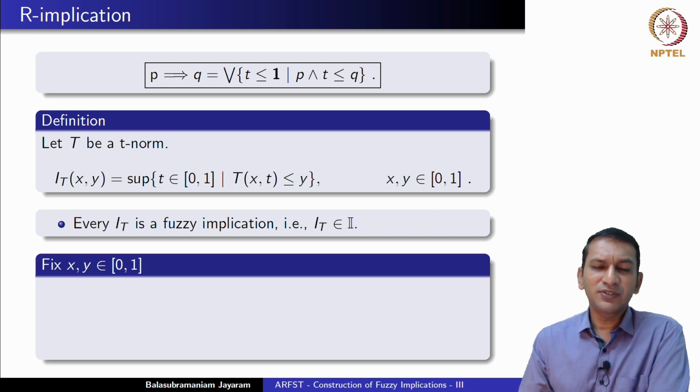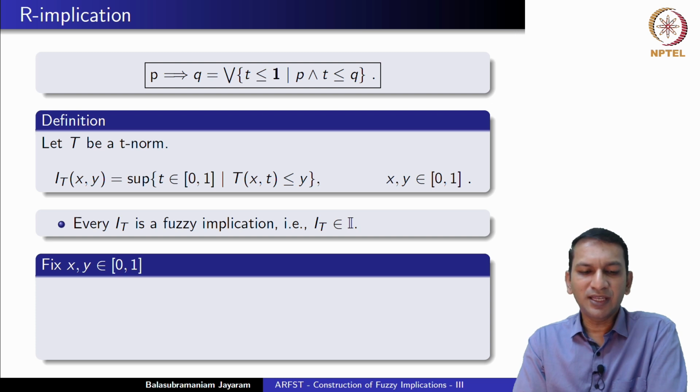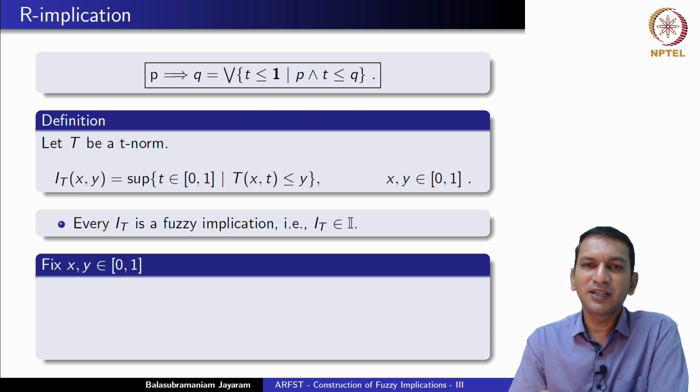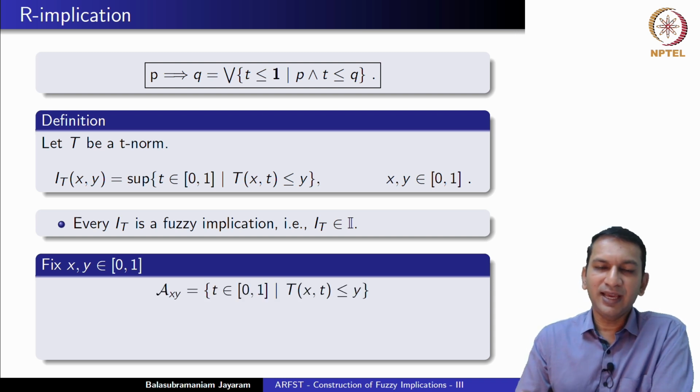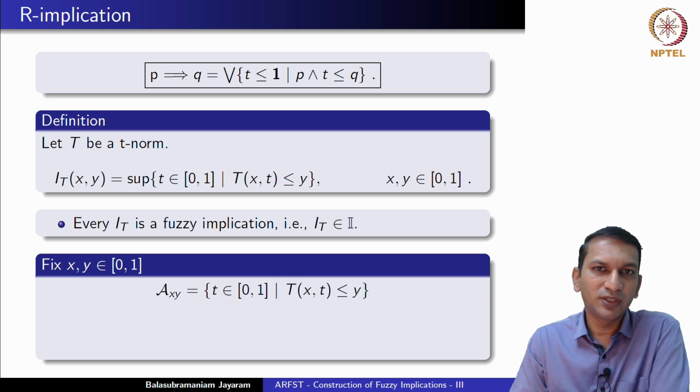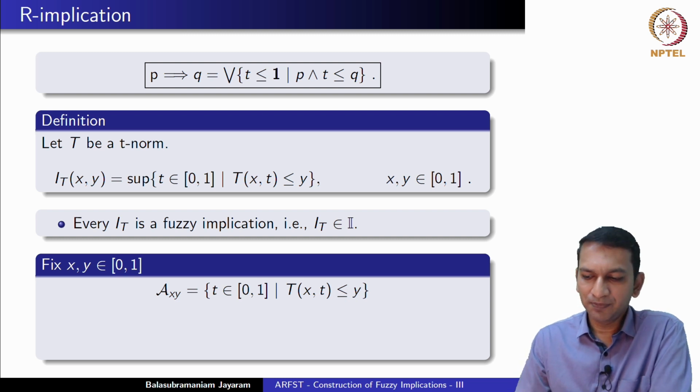In the last lecture, we have seen that if you fix an x and y from [0,1], then the implication itself can be decoded into a simpler form. You can look at the set A_xy for this fixed pair x, y from [0,1]. A_xy is the set of all t such that T of x,t is less than or equal to y.